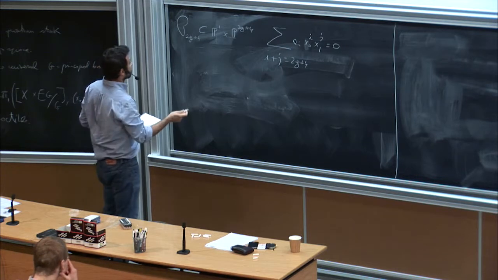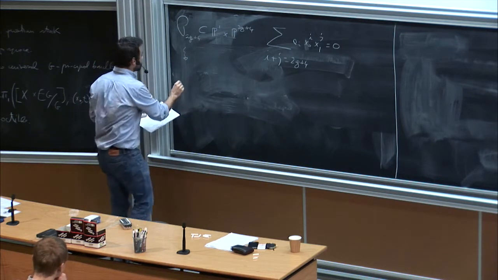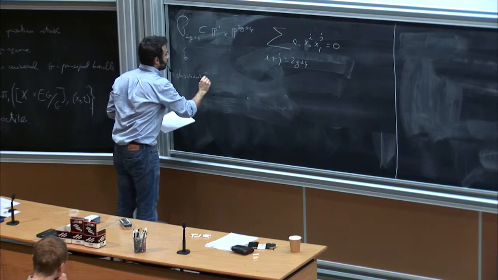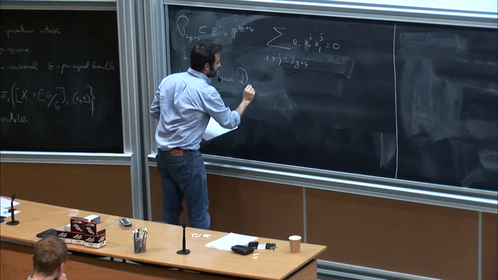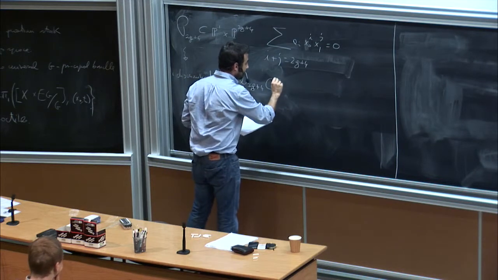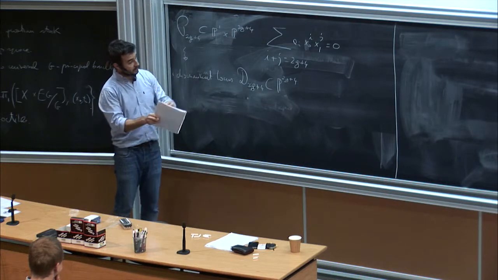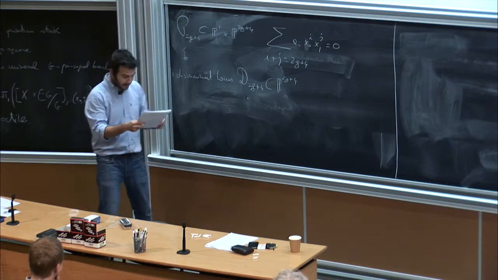And of course this hypersurface defines a discriminant locus D_{2g+4} inside P^{2g+4}, which parameterizes the sets of points where at least two of them coincide.